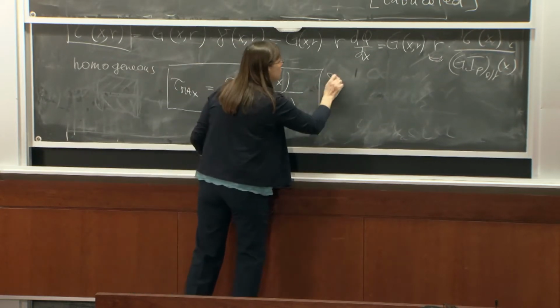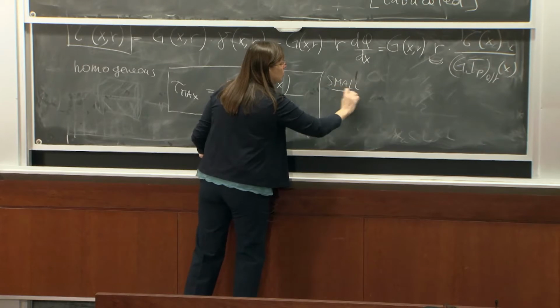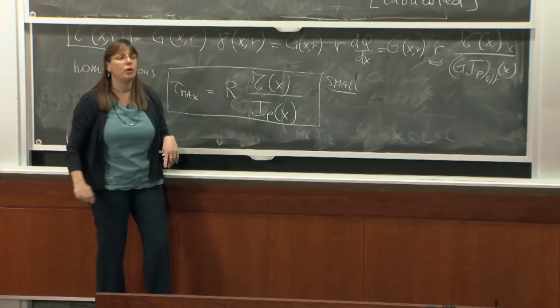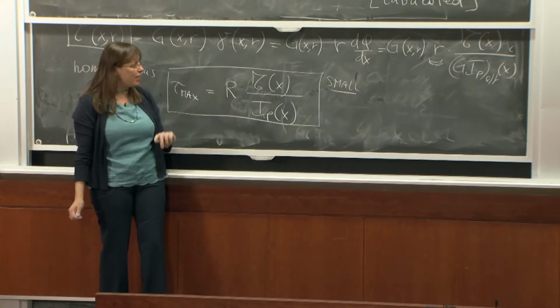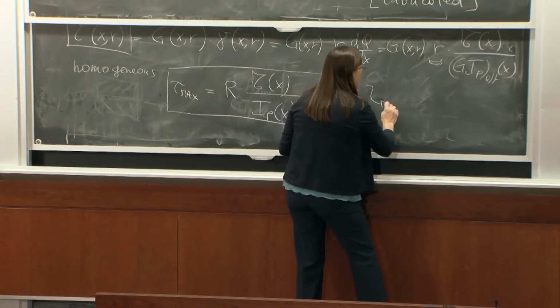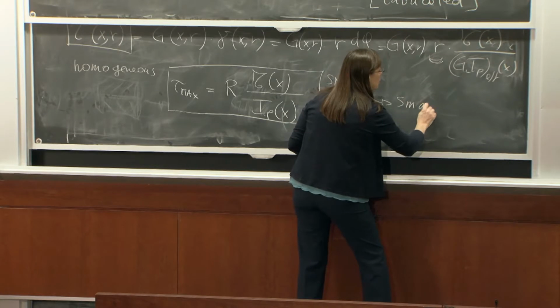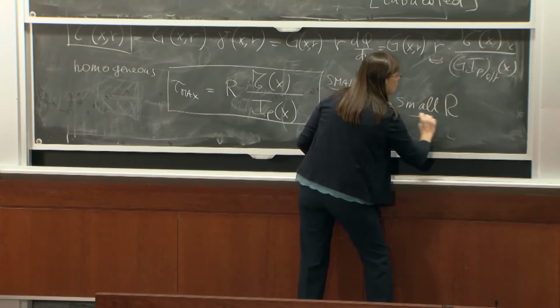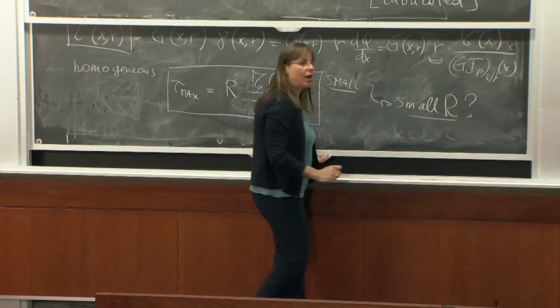We see it becomes bigger with the radius. So does it mean that we want a small radius? Is that what we want, so that we have a small tau?